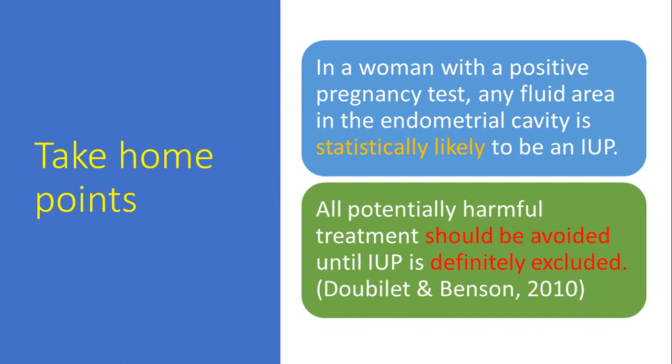So let's consider this as an intrauterine pregnancy. And we should hold on to all these potentially harmful treatments. They should be avoided at all costs until we have definitely excluded an intrauterine pregnancy, or until we have definitely concluded an early intrauterine pregnancy failure.